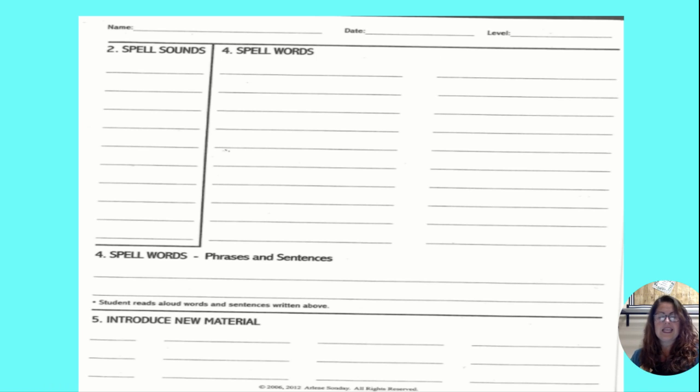First one, ing. Repeat ing and then write ing. Second sound, R. R. Then ung.